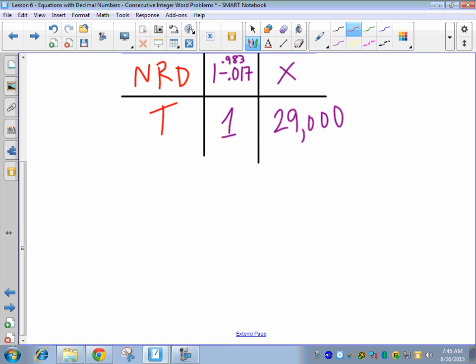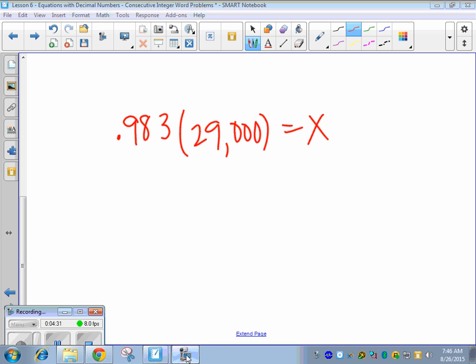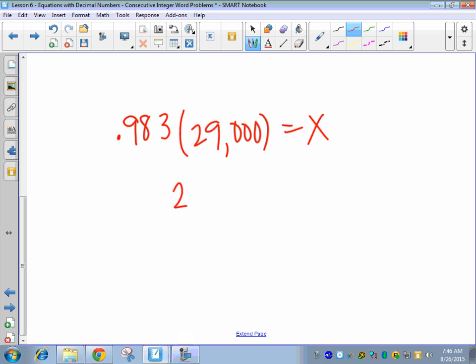So we have this times this, and I'm going to use 0.983 times 29,000 equals 1x, which is just x. This is how many were not red dwarfs. Anybody have a calculator and figure that one out? Sydney, right? Okay. 2,507. Cool. And always, always, always label your answer.